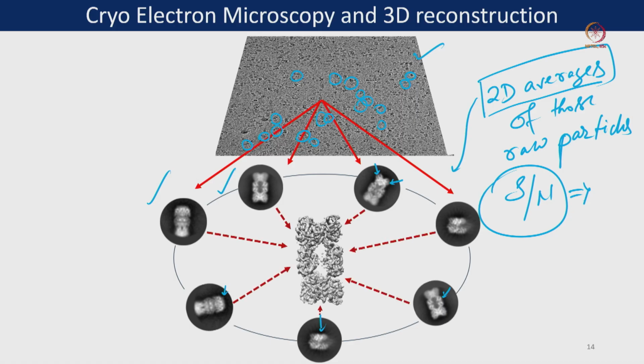In the final stage, you will back project all of them to calculate a 3D reconstruction, and we get our 3D reconstruction from this data. This is the overall principle of the data processing.